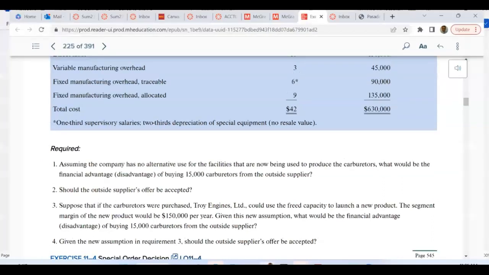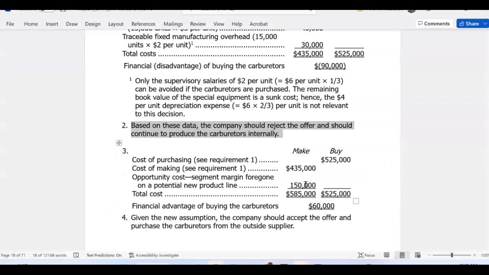So let's put the calculation next to each other. If we make it, we have to pay $435,000, which we already calculated here. And we also give up a potential opportunity cost of $150,000 for that lost capacity, right? So technically our cost, if we want to make it, ends up to be $585,000.